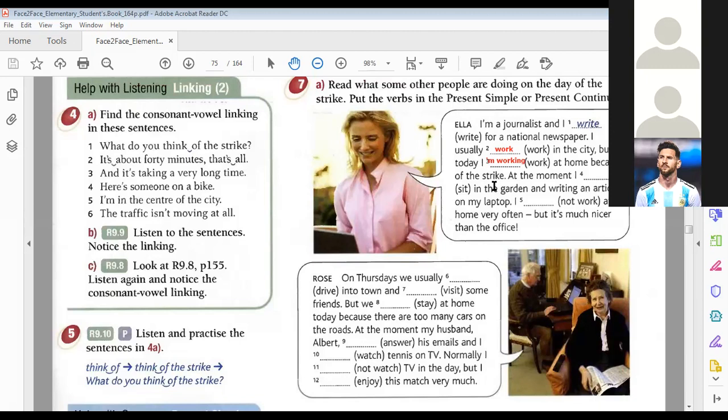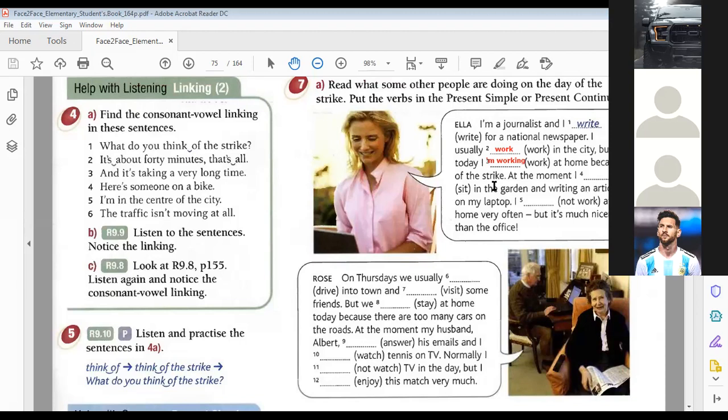Okay, let's go back to number 4. At the moment. Do you want to use continuous or do you want to use the past simple? Selma, which one do you want to use? Continuous or simple?